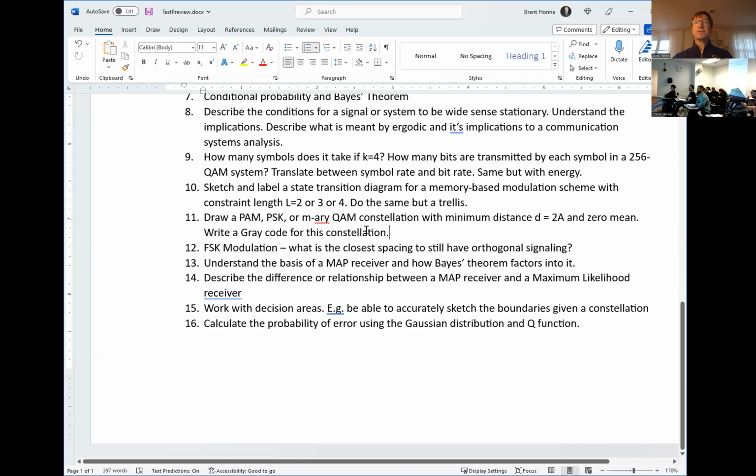Okay, FSK modulation: what is the closest spacing to still have orthogonal signaling? We did a little derivation there, and we ended up drawing a sin x over x, or sinc x, type function, and noted that there is a minimum spacing. If we squeeze these things together too closely for too high a data rate, then we're not going to be able to separate out the signals.